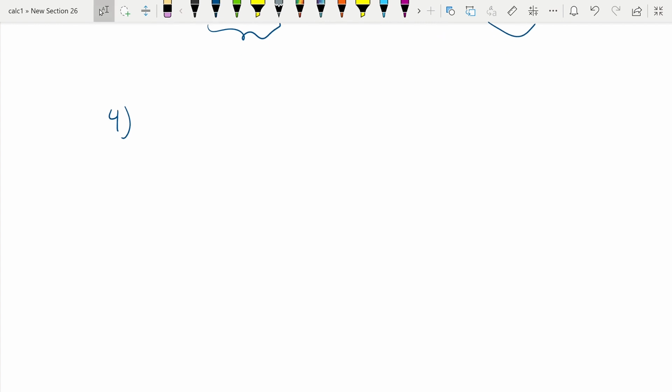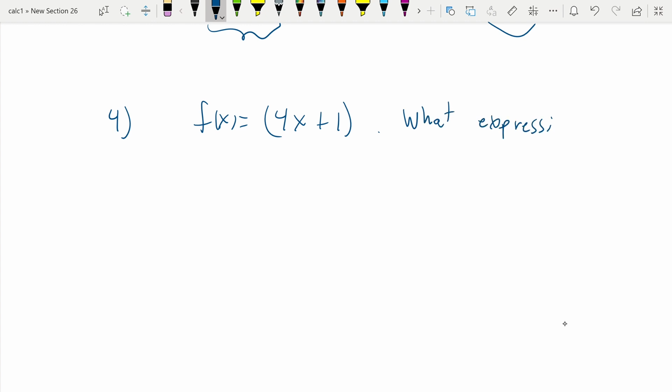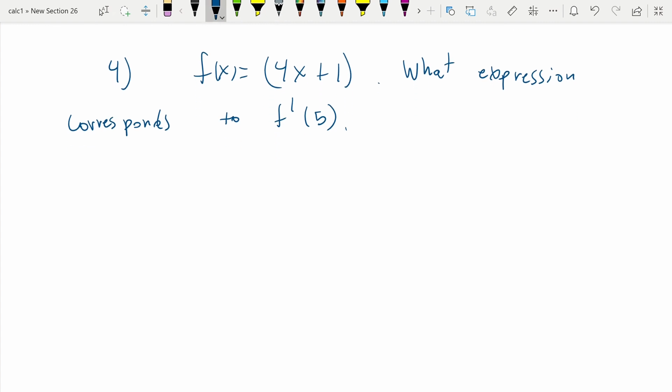So given f of x equal to 4x plus 1, say, what expression corresponds to f prime at 1/2, say, and you're given two options.